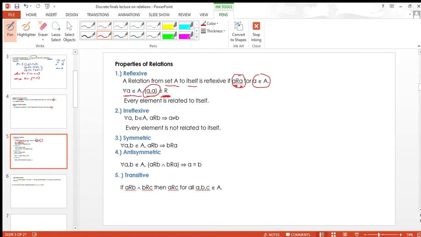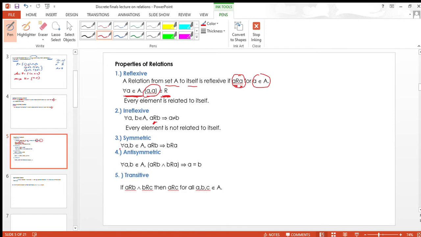And this must be true for all a in your set A. So we now have the irreflexive. For all a, b as an element of A, if you apply the relation R, this implies that a is not equal to b.